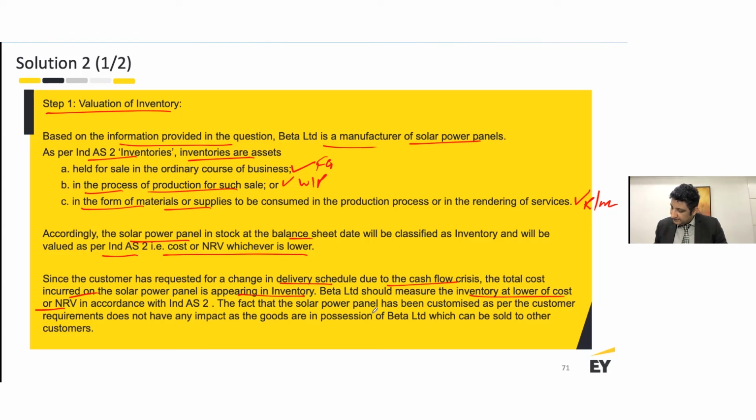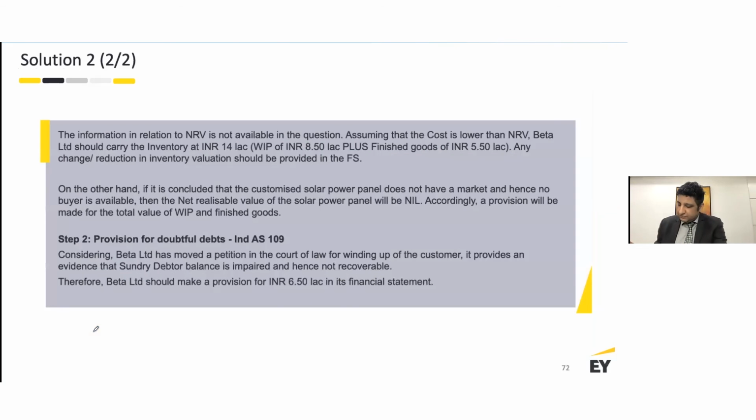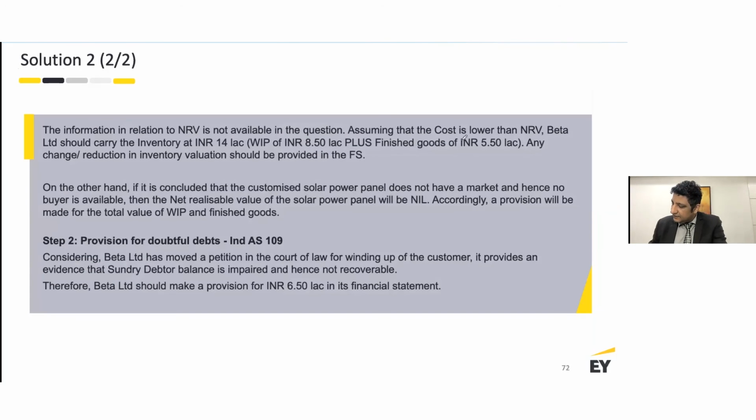The fact that the solar power panel has been customized does not have an impact as the goods may be saleable to other customers also. Okay, and that's what we were trying to say. If the goods have a market, it doesn't make any difference to the value of the inventory. Which means that if the cost is lower than the net realizable value, you continue to show the inventory at its cost, which is 14 lakh rupees.